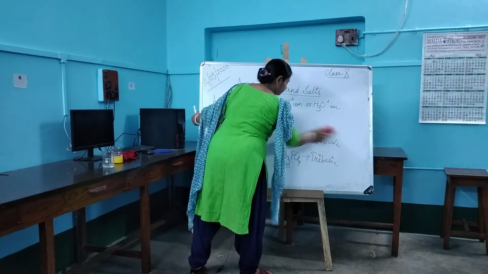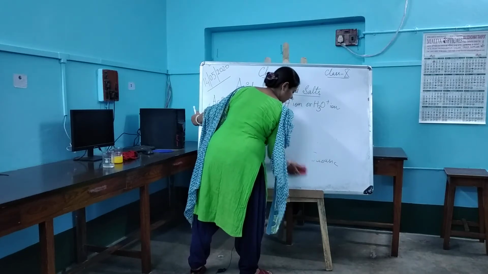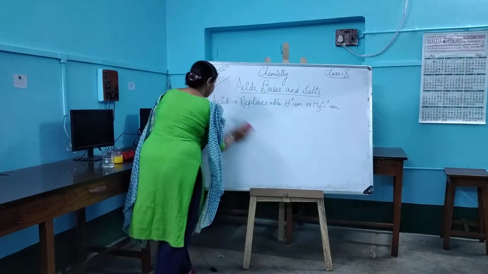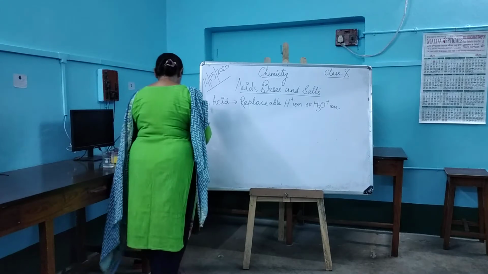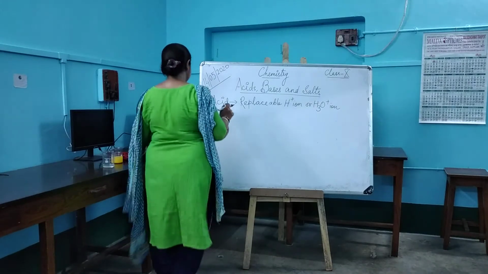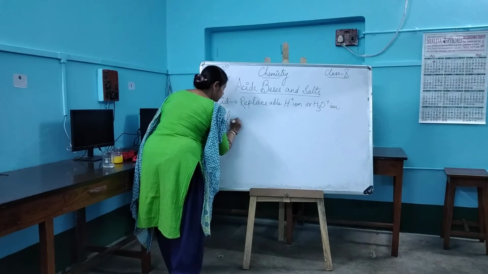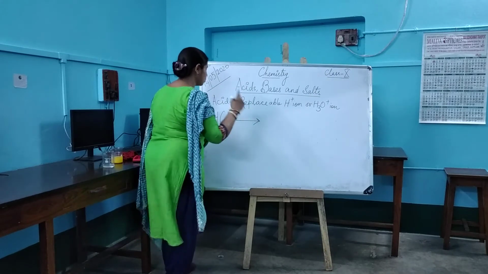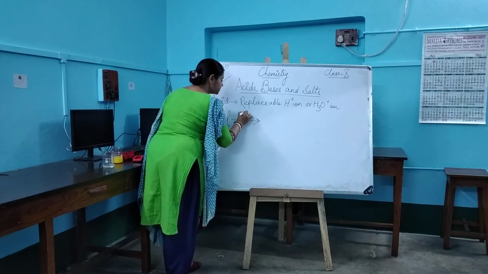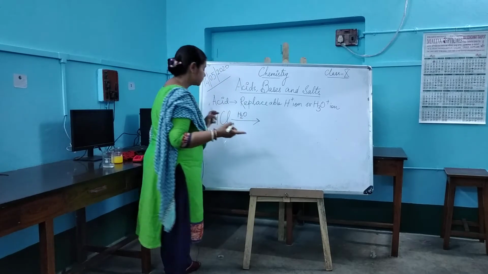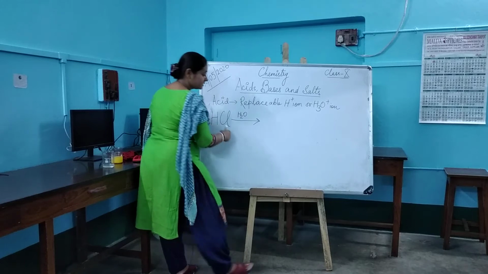Look carefully at the dissociation of the acids. This is HCl. HCl is going to dissociate only in the aqueous medium, so I have added water to the system. How will the HCl dissociate?